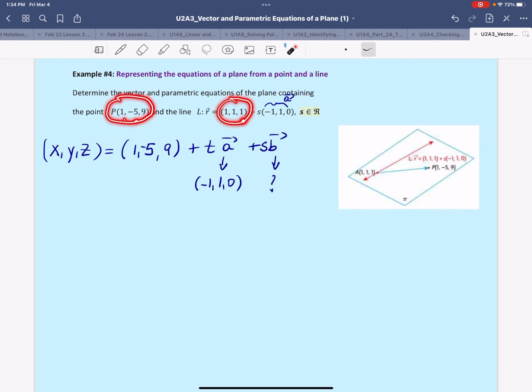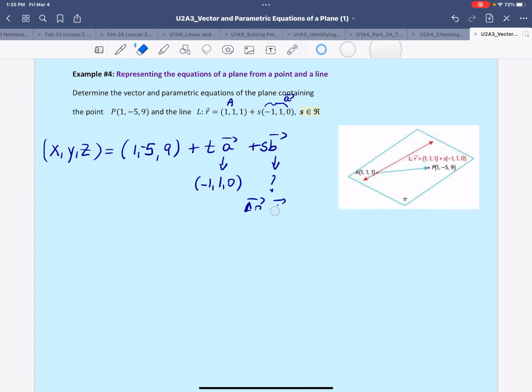So by connecting the starting point of the line with the given point, we can create a second direction vector. So I'm going to call this point A, and we're going to say that vector AP can serve as the direction vector B.